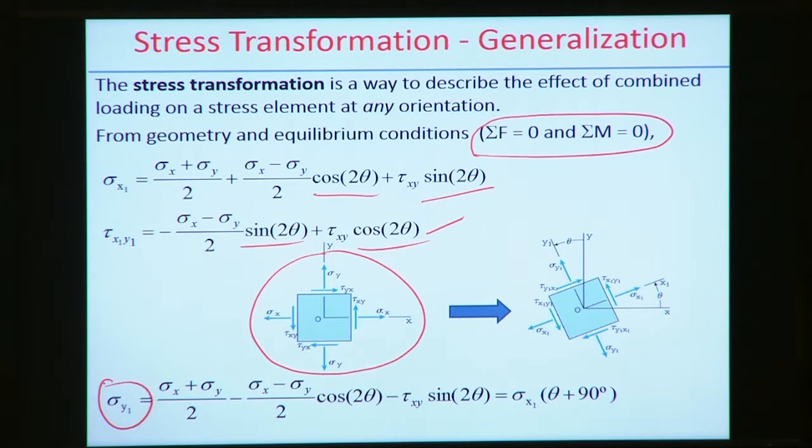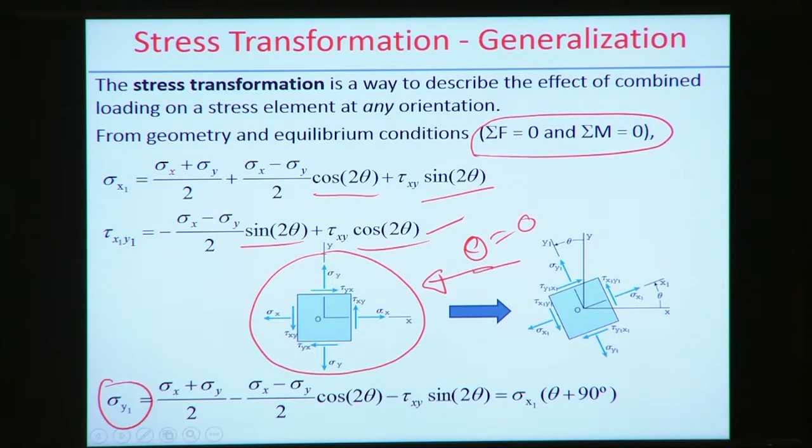Now we can cross check this: suppose theta equal to 0. Then all these expressions should come back to the initial position. If we put in cos 2 theta equal to cos 0, which is 1, and sin 0 equal to 0, and add the terms, it becomes sigma x.